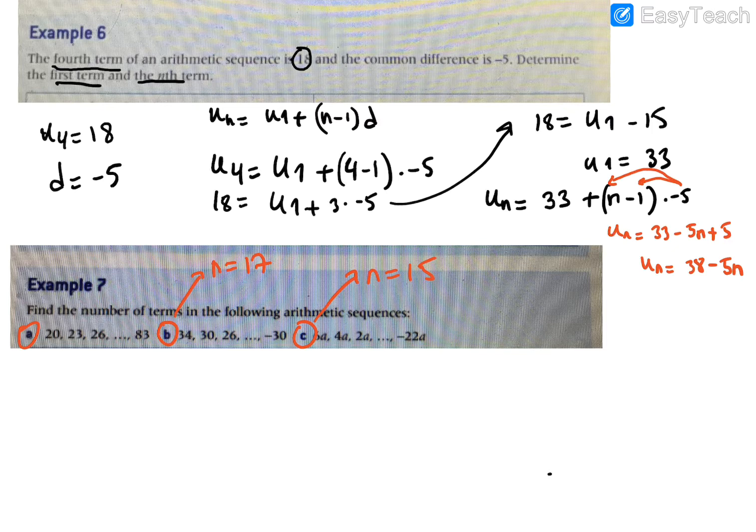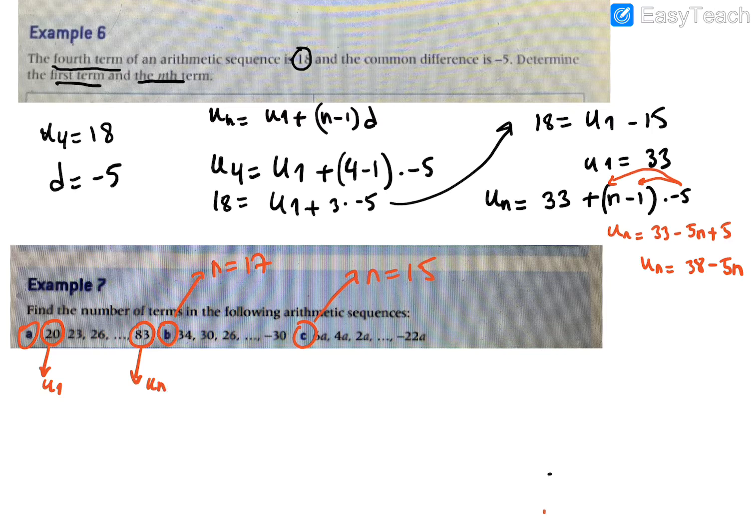In this type of question, always be careful because you have u1 and then un, which is my last term. This is the strategy for this type of question. You have the last term, which is a finite series. The last term is 83, which is your un, and the first term is 20, which is your u1.